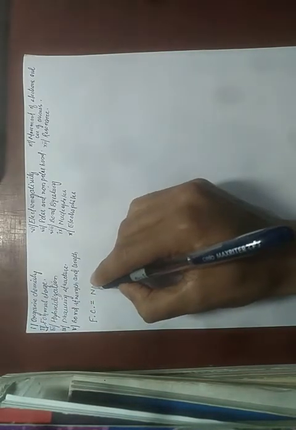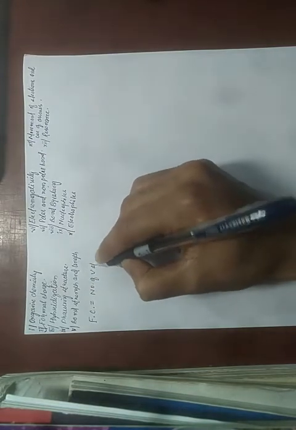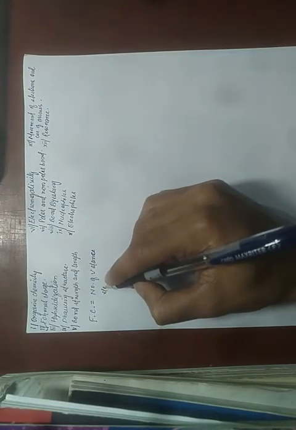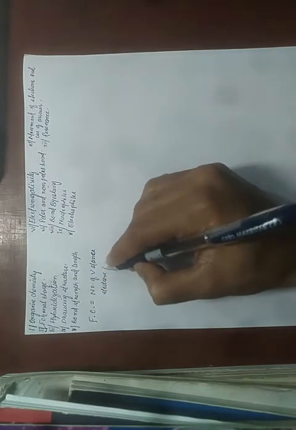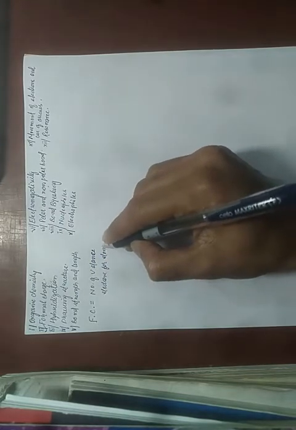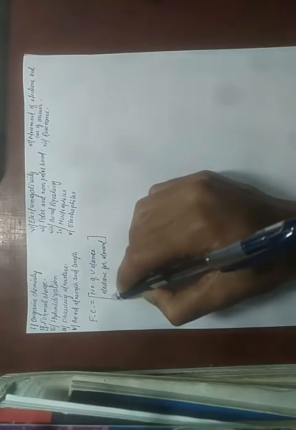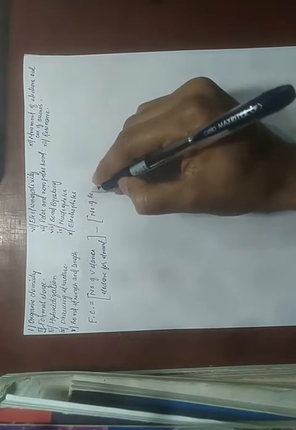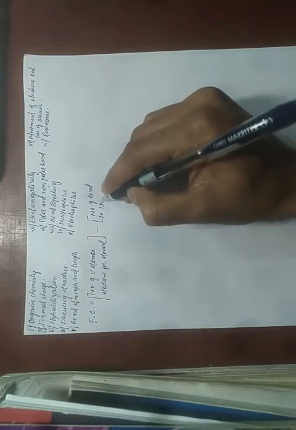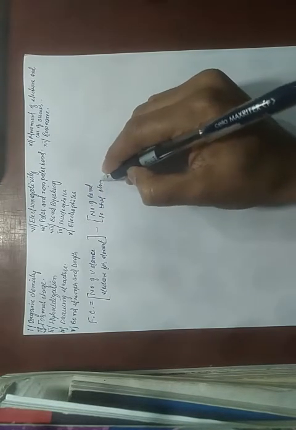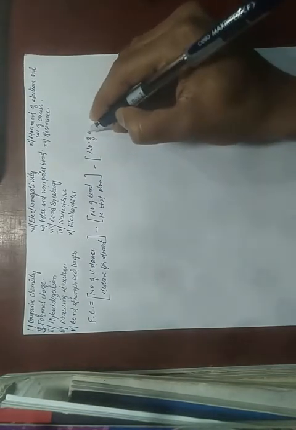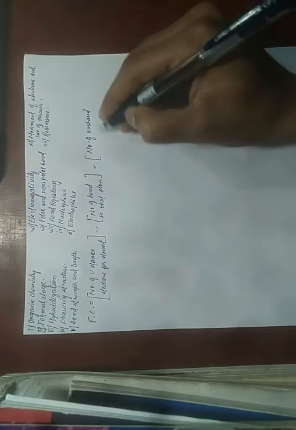Formal charge is equal to the number of valence electrons for the element, minus the number of bonds to that atom, minus the number of unshared electrons.